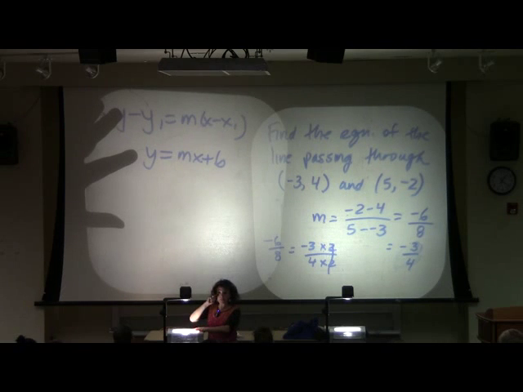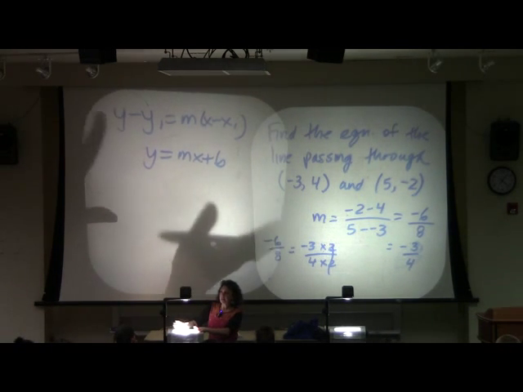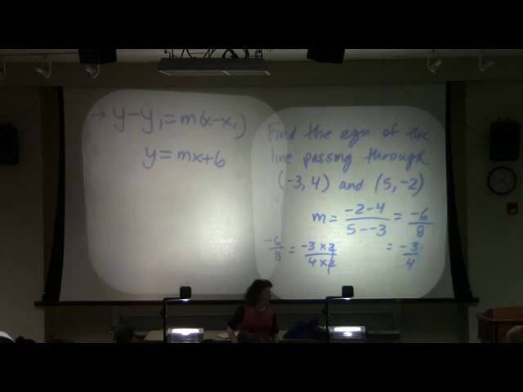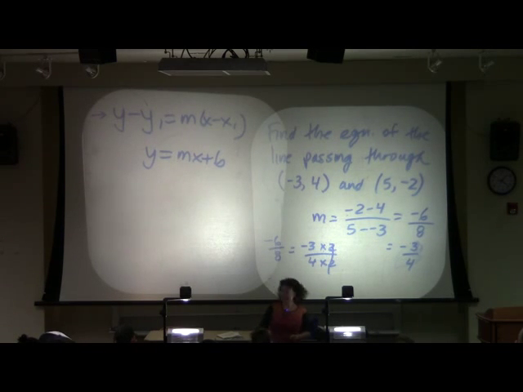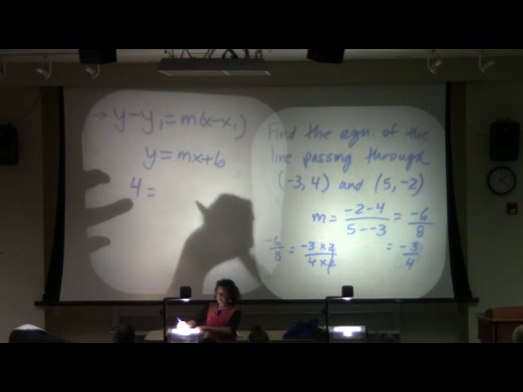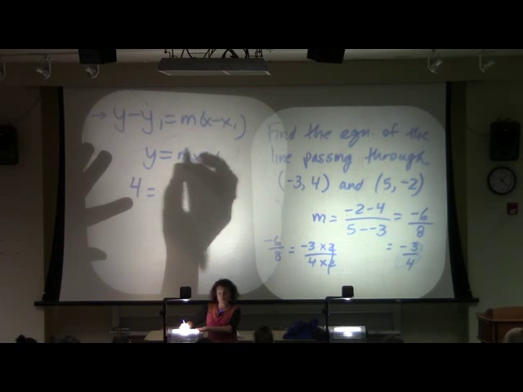Now, first comment to make, it doesn't matter which ordered pair you use. No matter which ordered pair you use, you're going to get the same equation of the line. So, which do you want to use? Negative 3, 4 or 5, negative 2? Negative 3, 4 it is. So, my y value is 4. What did we find our m to be?